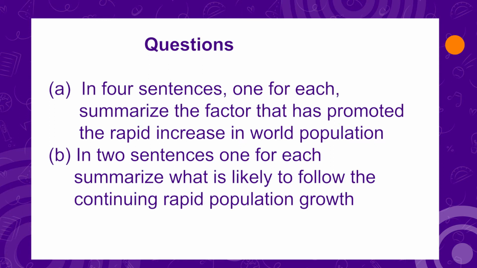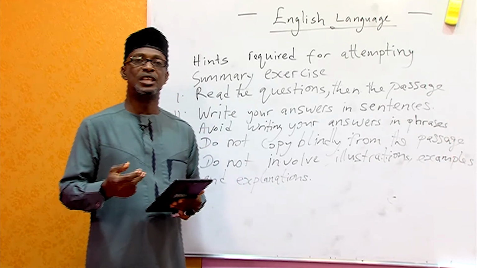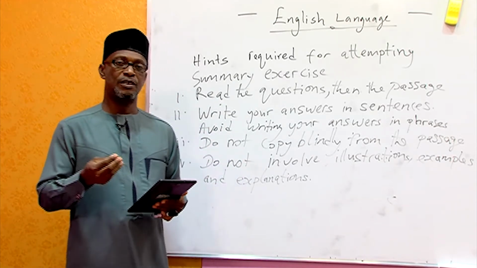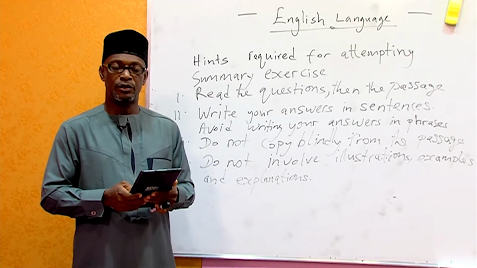Question B, in 2 sentences, one for each, summarize what is likely to follow the continuing rapid population growth. From these 2 levels, you are expected to give 6 sentences: 4 sentences in level A and 2 sentences in level B.